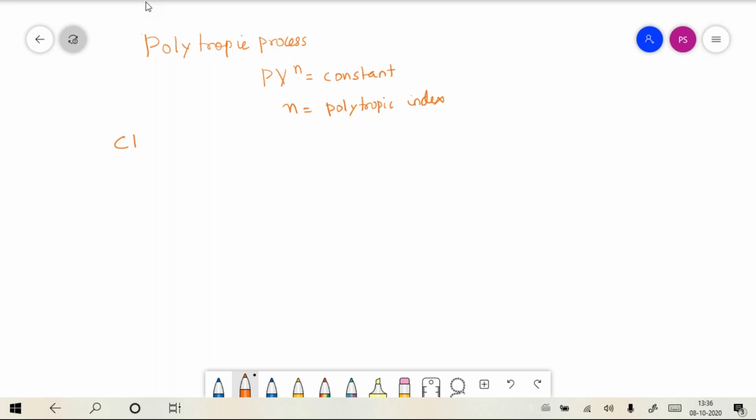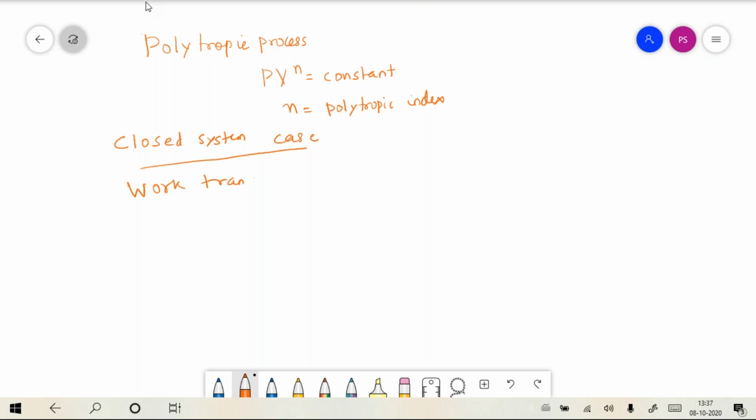We'll discuss the closed system case, and we'll derive the expression for work transfer. So how will you derive the expression for work transfer?